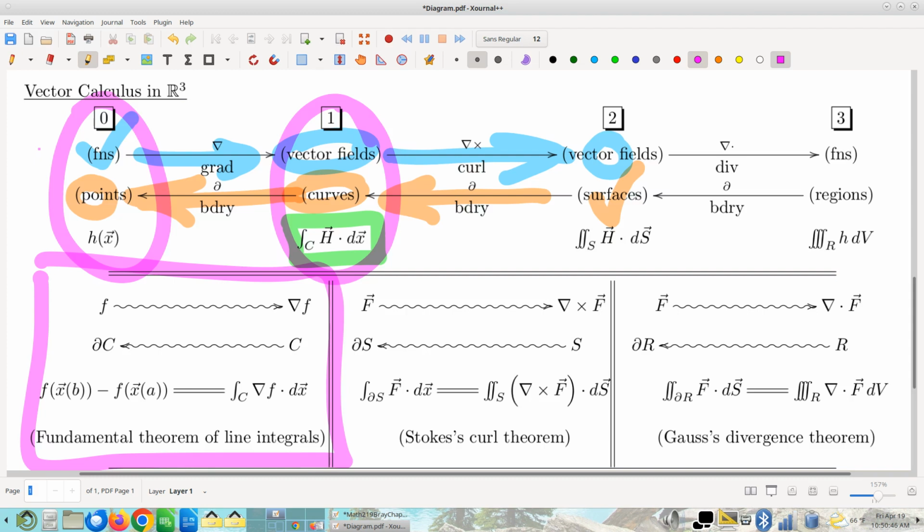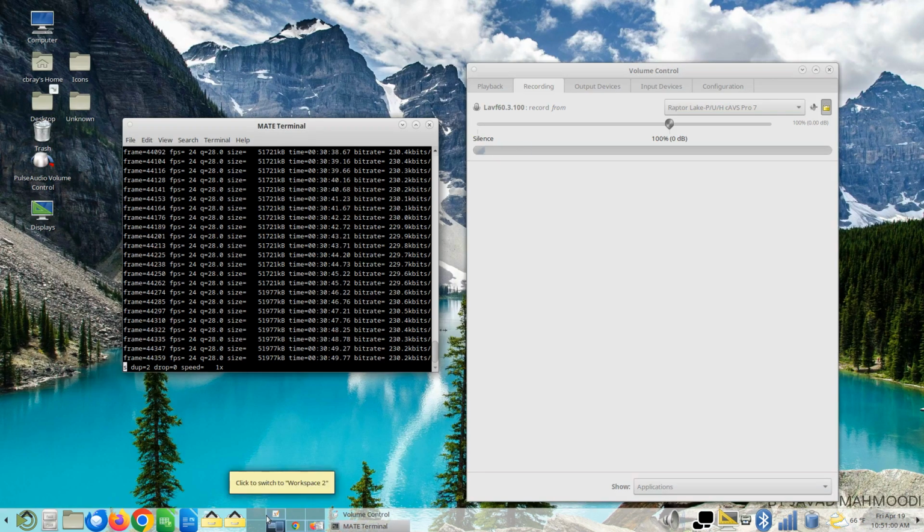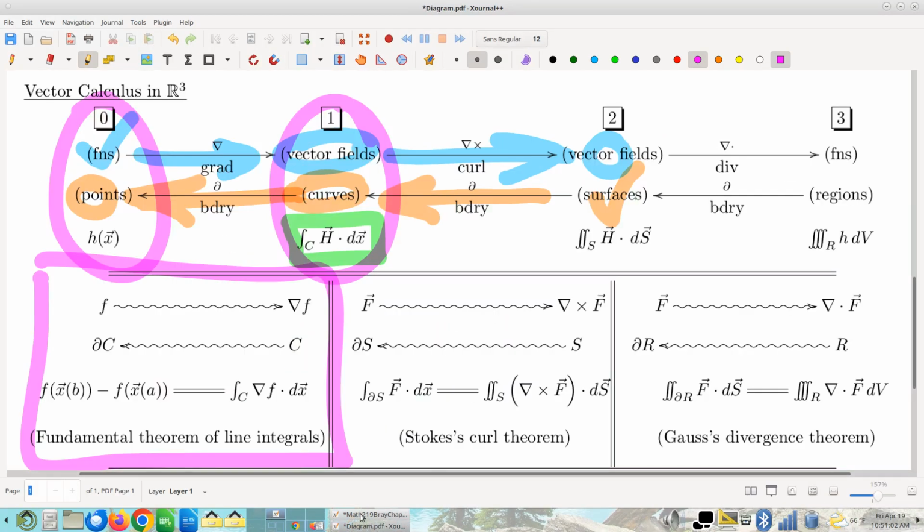And what am I going to get? Well, I've already found that these two boundary points are the same. Start, end, same point. And so when I plug into this formula here, f of endpoint minus f of starting point, well, these are the same point.